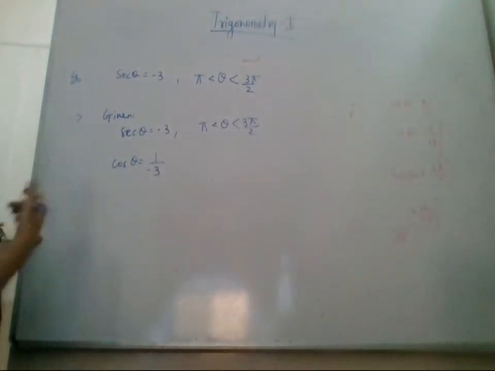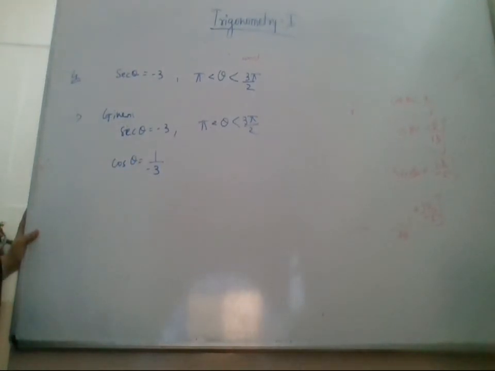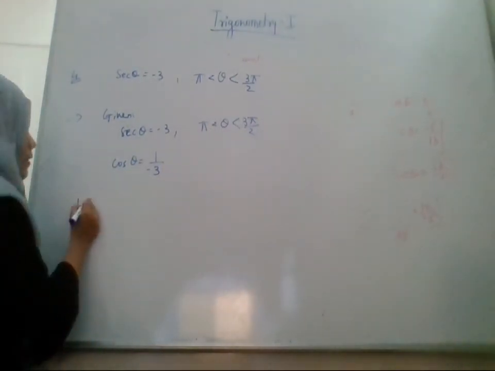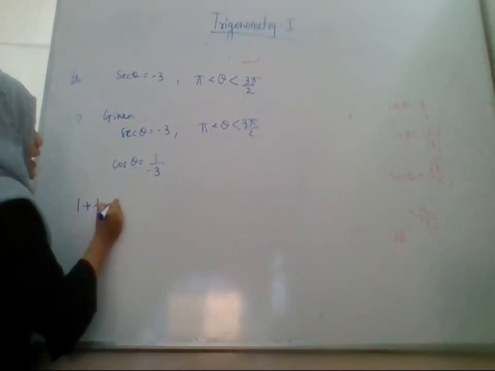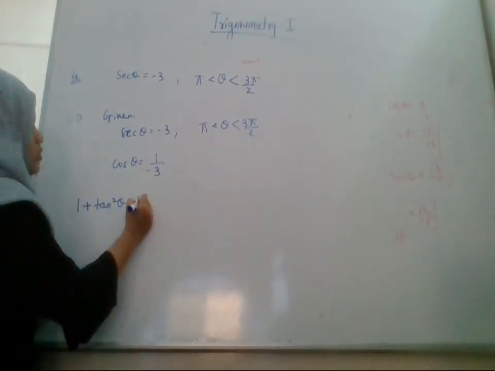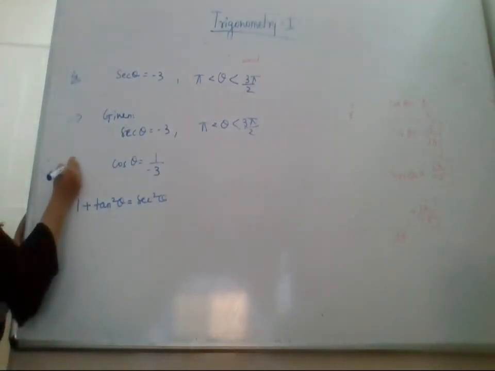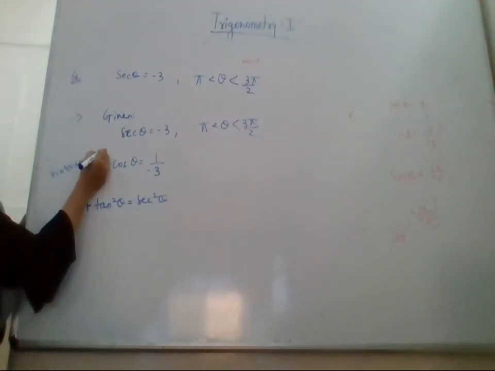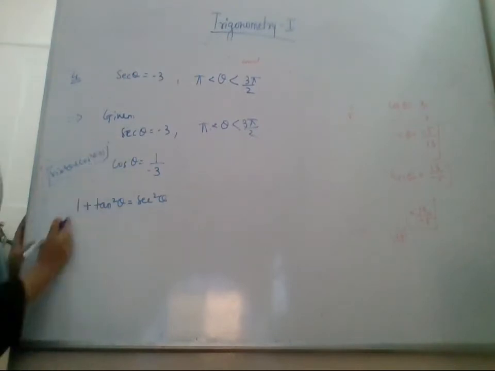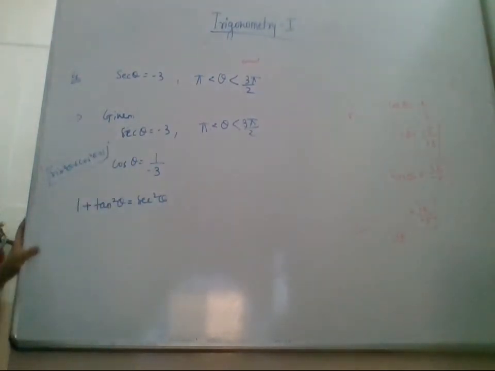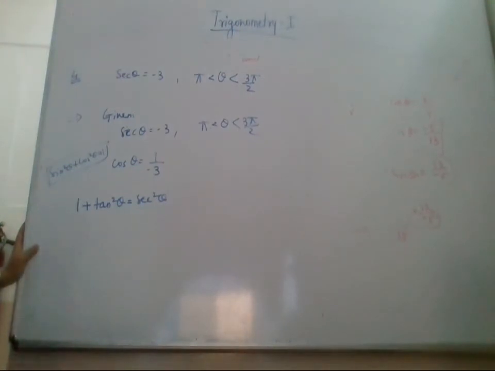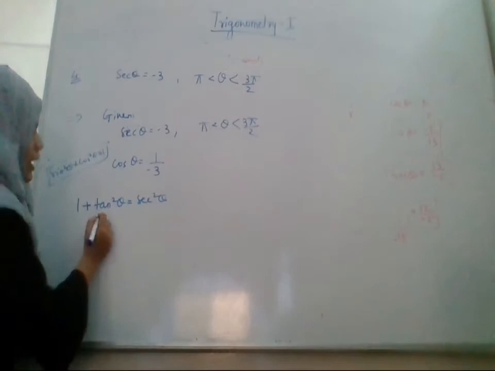Right. And one more expression is with us, which you have studied in 10th standard, that 1 plus tan square theta is equal to sec square theta. Like sin square theta plus cos square theta is equal to 1, similarly we have one more expression: 1 plus tan square theta is sec square theta. Okay. So from here we can find out the value of tan.